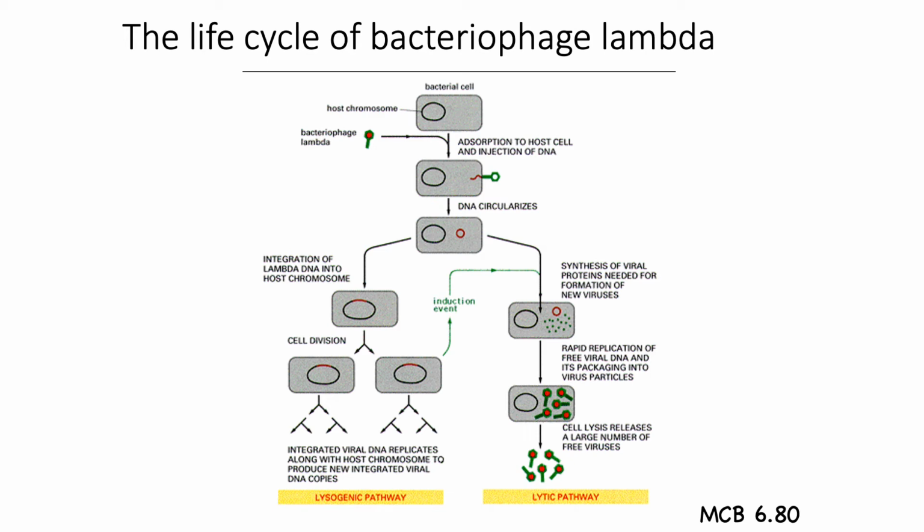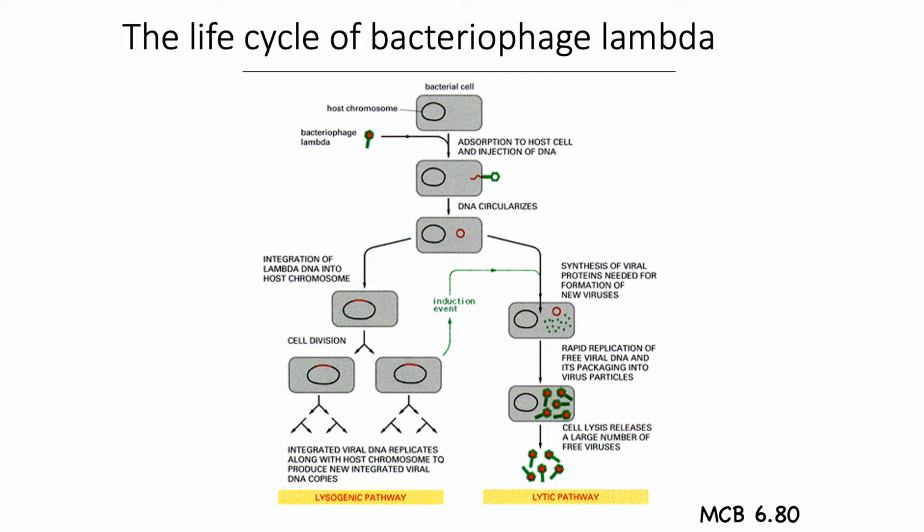It can go through the lysogenic process shown on the left, where it inserts itself into the host chromosome by homologous recombination. And for this purpose, we can think of the E. coli chromosome as linear because it's very big.